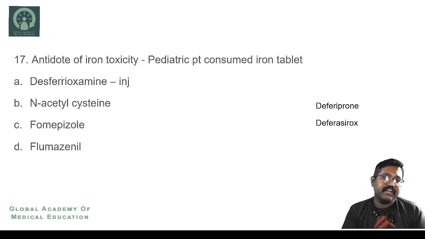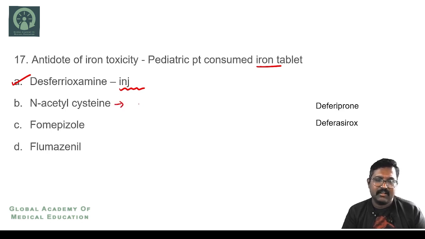Coming to the 17th question, the antidote for iron toxicity in a pediatric patient who has consumed iron tablets. Here the answer is deferoxamine, which is given through injection. Deferoxamine is the antidote of choice in case of iron toxicity. N-acetylcysteine is the drug of choice in paracetamol poisoning.